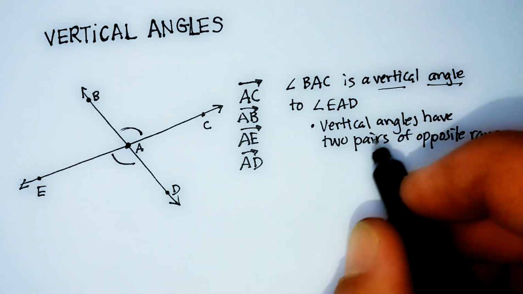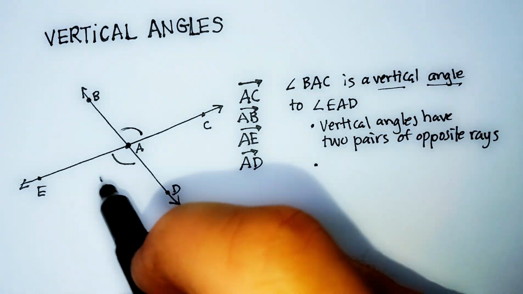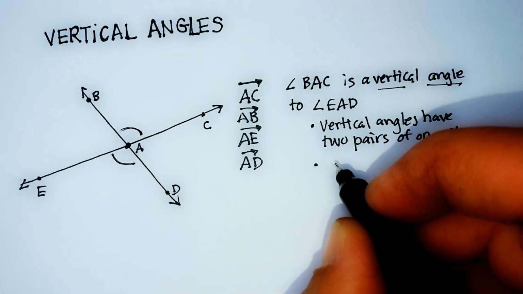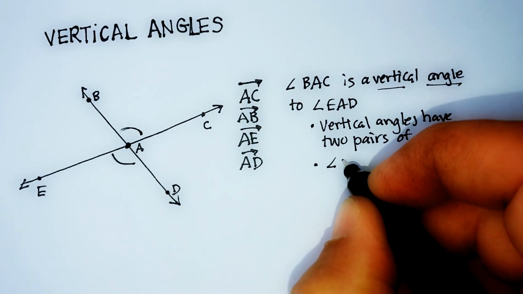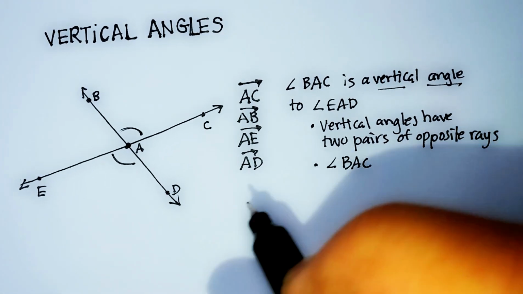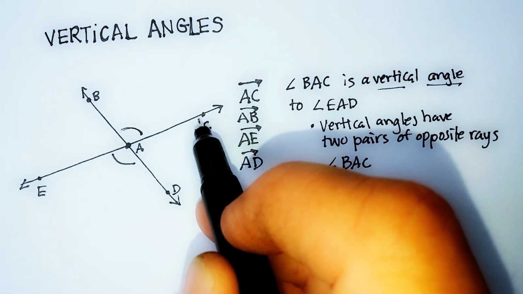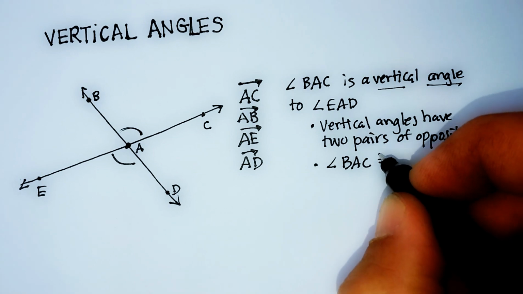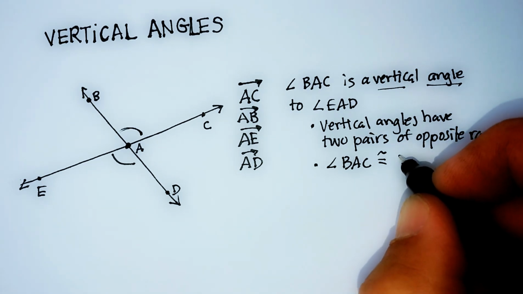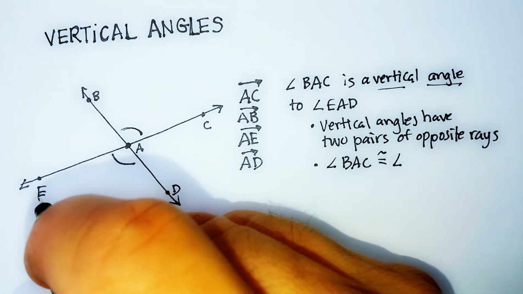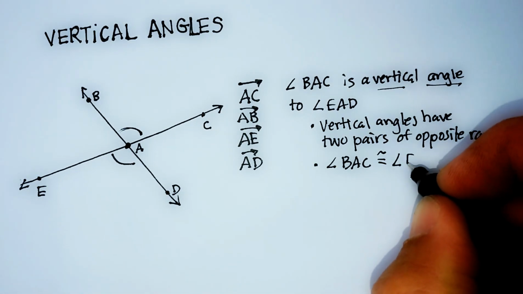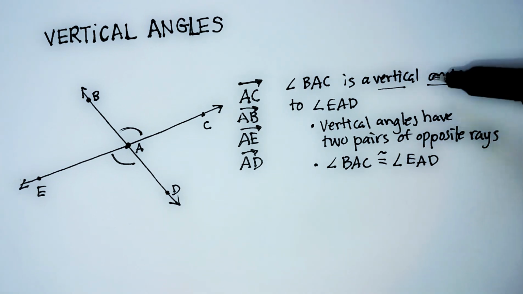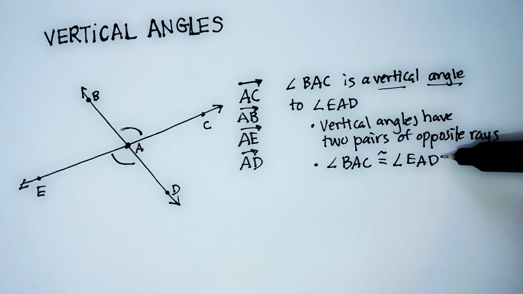The other thing about vertical angles is that if they do have two pairs of opposite rays, the angles are equal. So I'm going to say angle BAC, this angle, is equal to, or is congruent to, angle EAD. Okay, so those are the two characteristics of vertical angles.